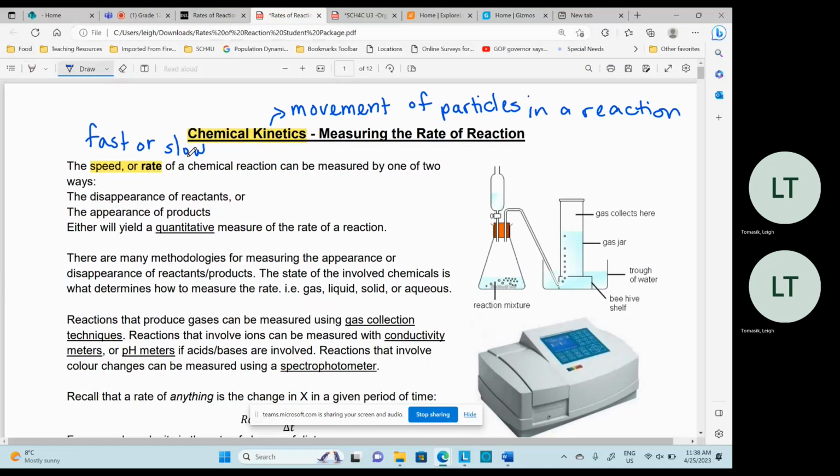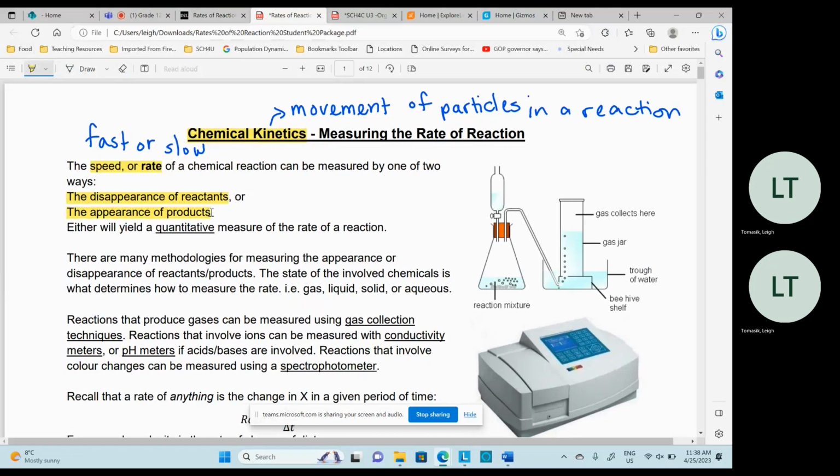So we can measure these a few ways. We can measure them by the disappearance of the reactant. So we can, let's say, make a graph of how much of the reactants we have over time, or we can measure this by the appearance of products, right?